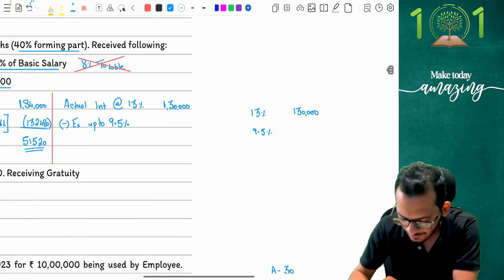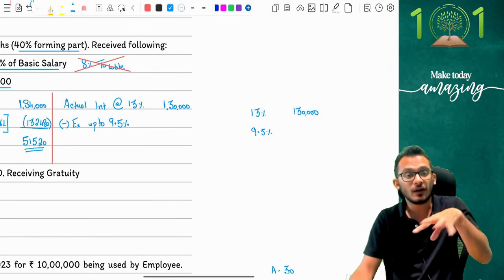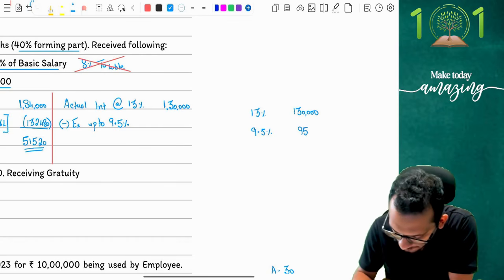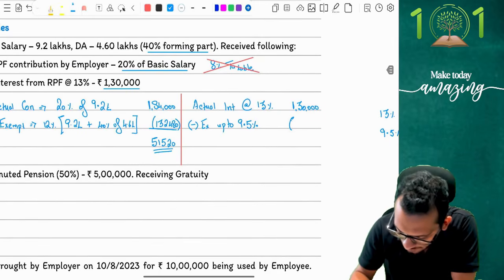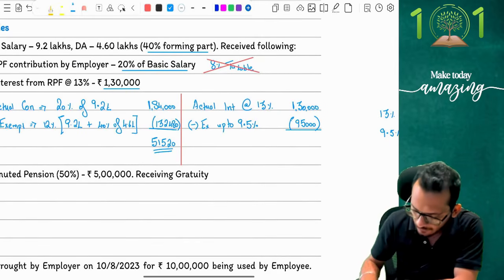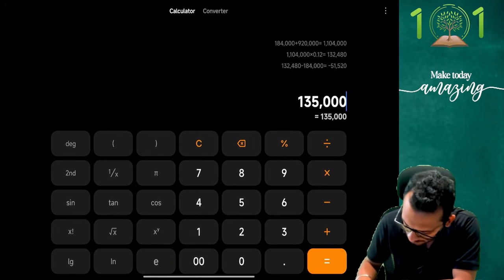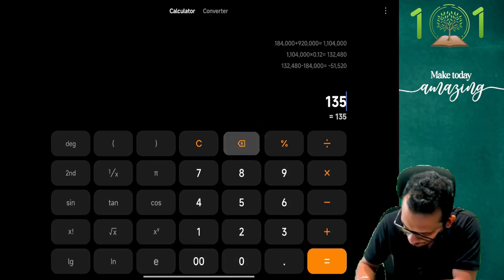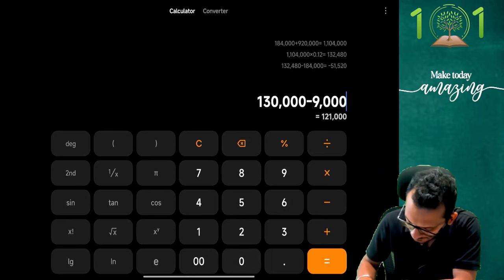Look very carefully. What have I done? I've said at 13% interest, Rahul earned 1,30,000. So how much did Rahul earn at 9.5%? Very obviously, Rahul earned 95,000. Yes or no? And that's the exemption amount. The exemption amount here is 95,000 rupees, giving me a taxable amount of 35,000. So it's 1,30,000 minus 95,000.